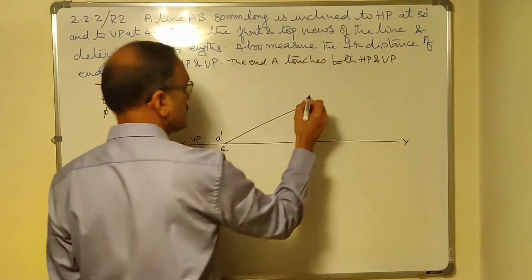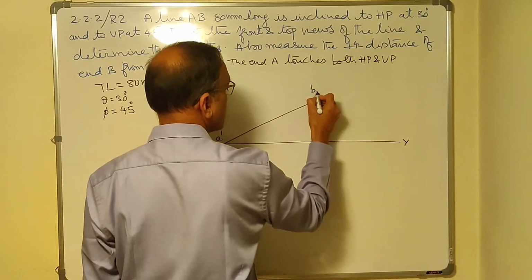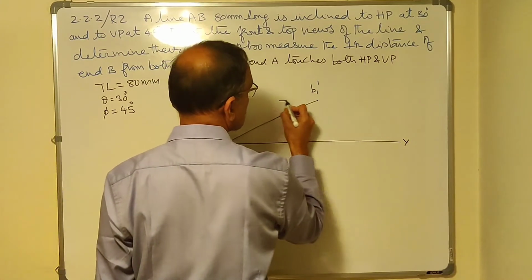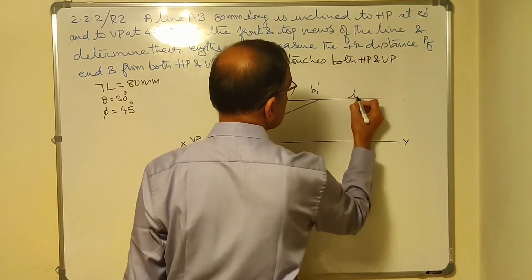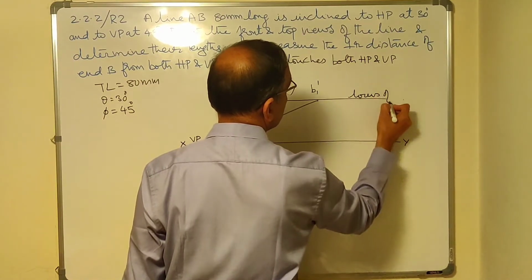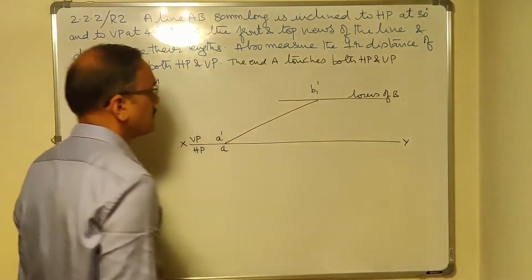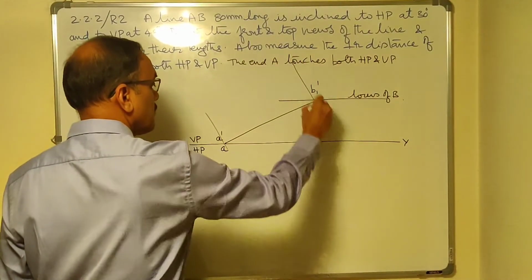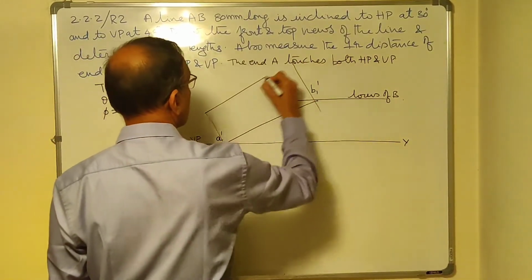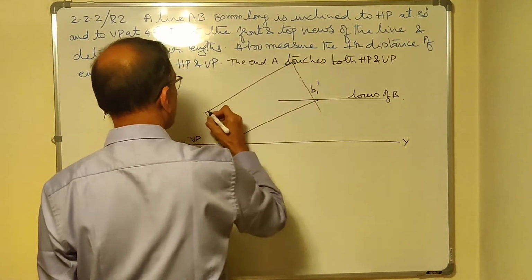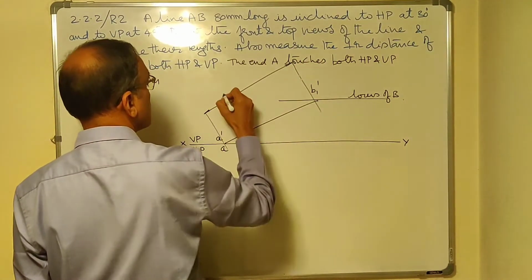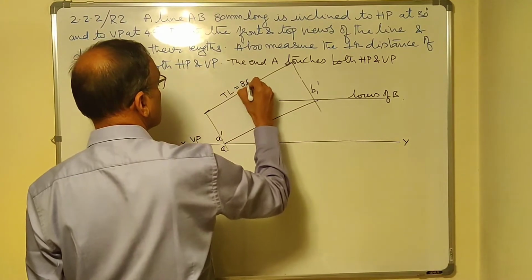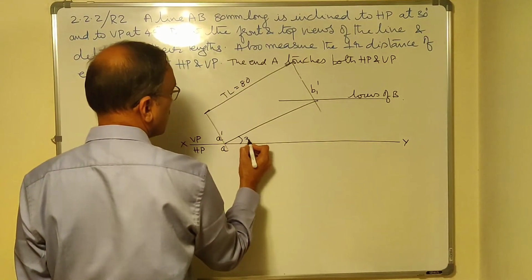Because this is true length, I'll call this point B1 dash, and also I draw its locus here. This is the locus of B. This is true length. I show the dimension a little away to avoid any interference. True length is 80. The angle is 30.